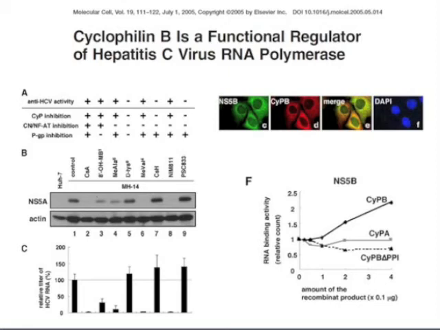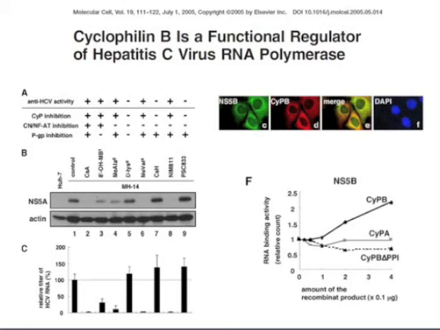Interestingly, there was another cyclosporin analog with reduced immunosuppressant properties, but it could also inhibit cyclophilin functions, and it was also a potent inhibitor of HCV infection. So they looked at HCV protein expression and RNA, and there was a really good correlation between the ability to inhibit cyclophilins and the ability to inhibit HCV replication.